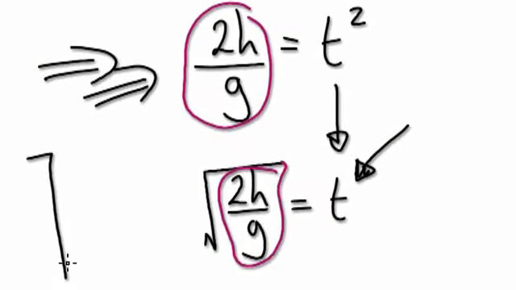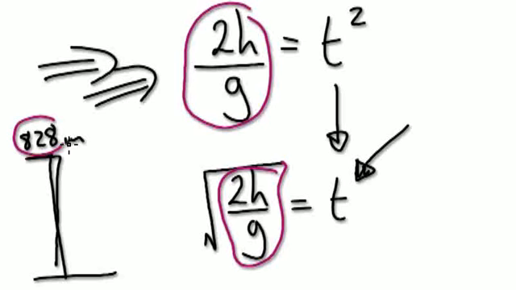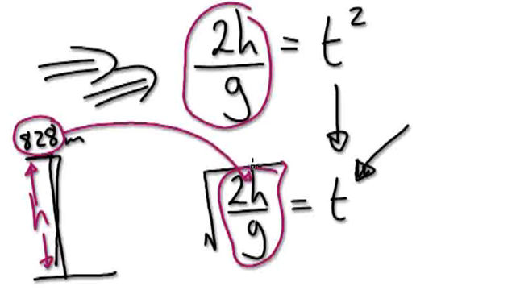So if you're on a building, let's say the Dubai Tower or whatever it's called, it is 828 meters. I looked it up on the internet. If you don't believe me, double check. It's roughly 800. The height here is actually 828 meters. So put that into the H, because that stands for height.